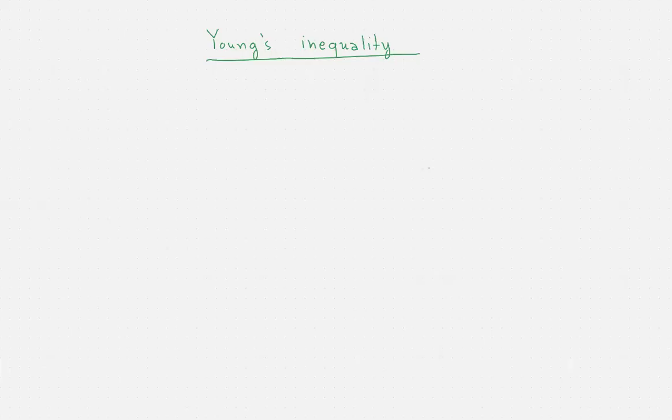Okay, so we would like to show Young's inequality to actually present it because, as we're going to see, its proof is a couple of pictures. So, in any case, imagine that we have a function f.